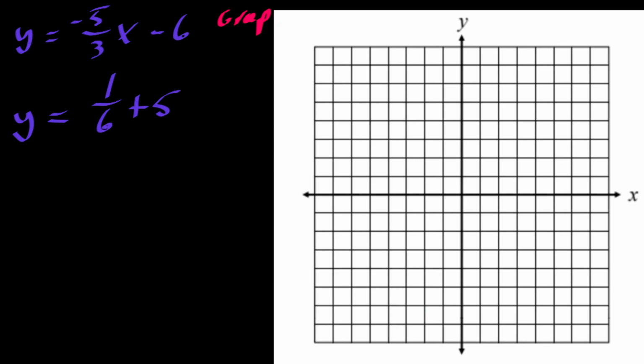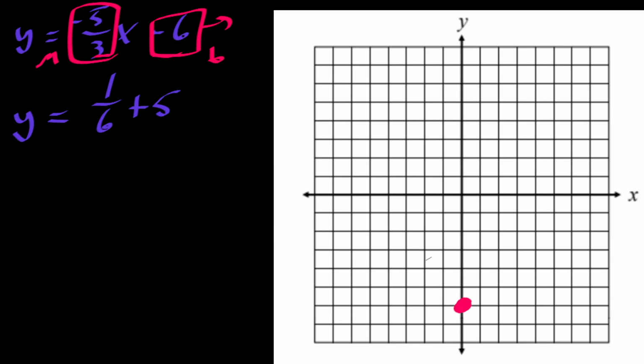All right, so let's start with the first line. We're going to say that m equals negative 5 over 3, and that my b is negative 6. So my first point is going to be at negative 6 on the y-axis. So 1, 2, 3, 4, 5, 6. So right down here.